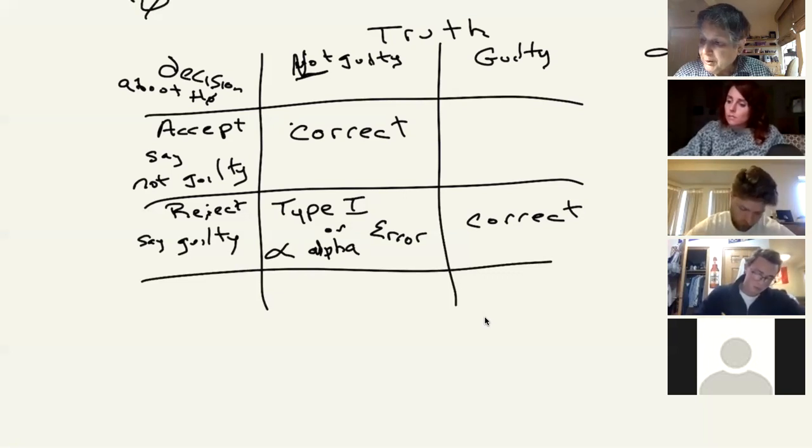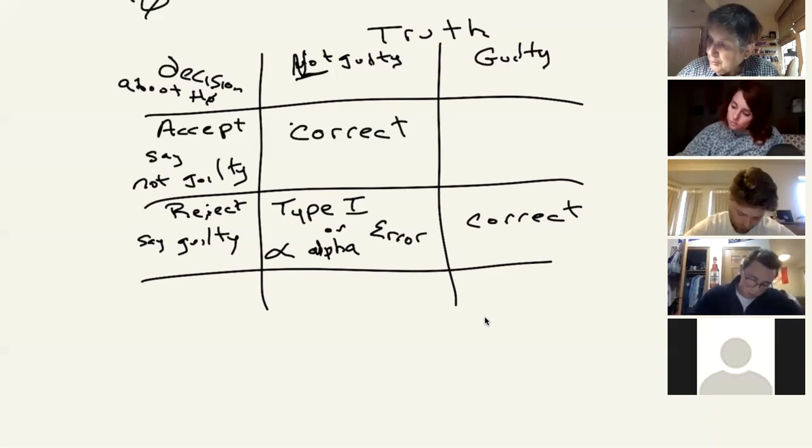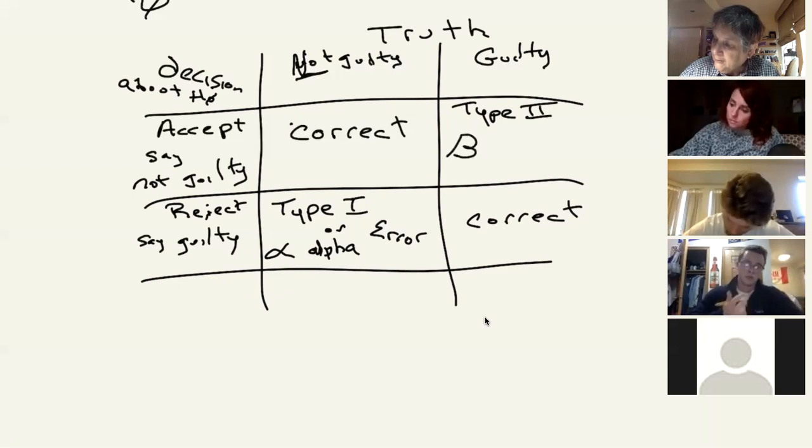I'm going to erase that part because it's just going to confuse you later why that's up there. Okay. So the other way that we can be wrong is if the person's guilty of the crime, but the jury decides that they're not guilty. That's also an error, and it's called a type 2. These are Roman numerals, right? Also known as beta error.